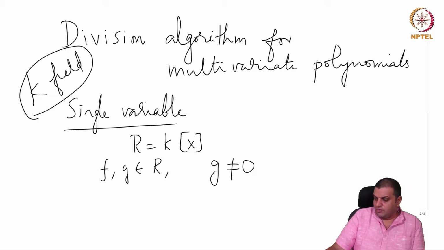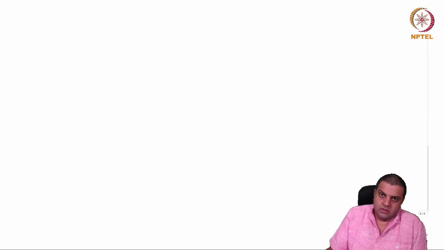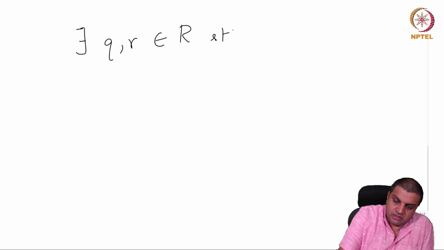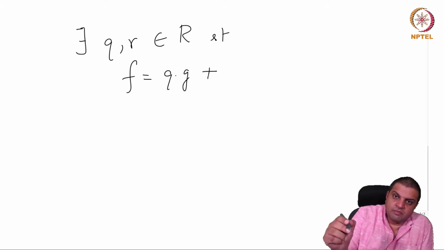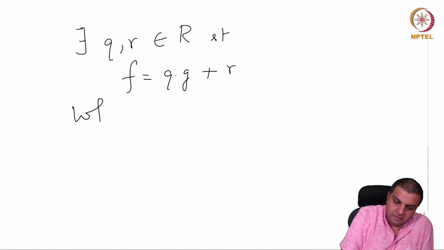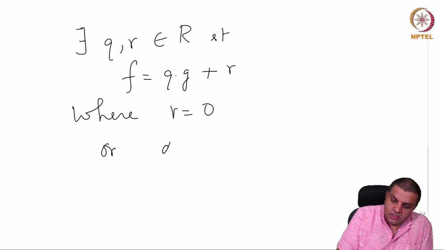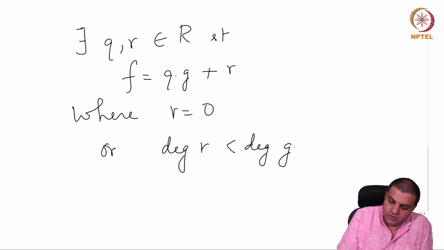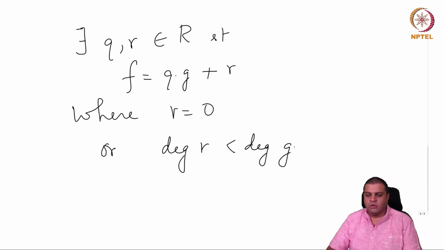Then what does the division algorithm say? There exist q and r inside R such that f is q times g plus r, where r is 0 or the degree of r is less than the degree of g. So this is the most basic version that we know. We just divide f by g and then prove that this is true.